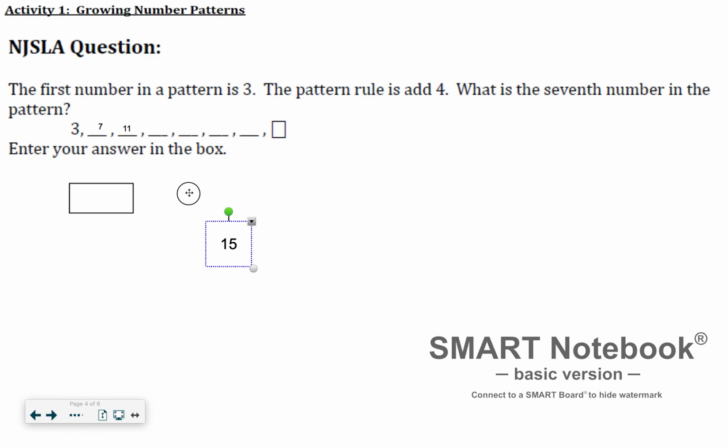Trying to make them small so they can fit on these lines. 15 plus 4 is 19. We're almost there, but we're not done yet. 19 plus 4 is 23. Oops, 23. Sorry, I had a little typo there. 23 plus 4 is 27.